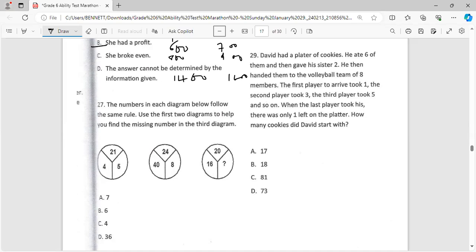You times 24 to get 40, you get divided by 4. If you divide 4 by 21. Oh wait, I found it. All right, go ahead. Wait, hold up.